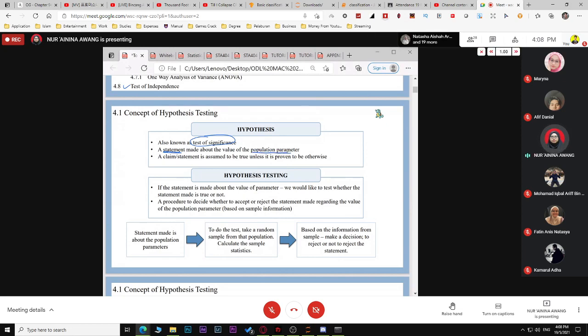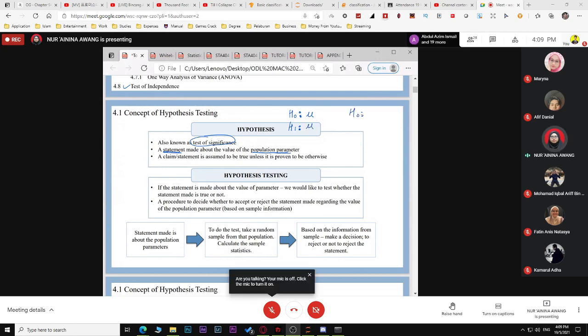So usually in our hypothesis, we will have the null and alternative hypothesis. For this hypothesis, H null and H1, we can only write the population parameter. Meaning in here there can only be the mean for the population. You cannot write your hypothesis for the mean of the sample, for example this one.